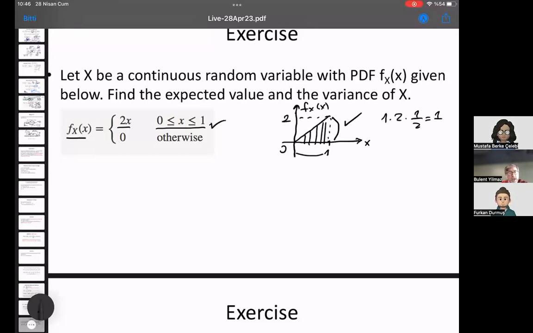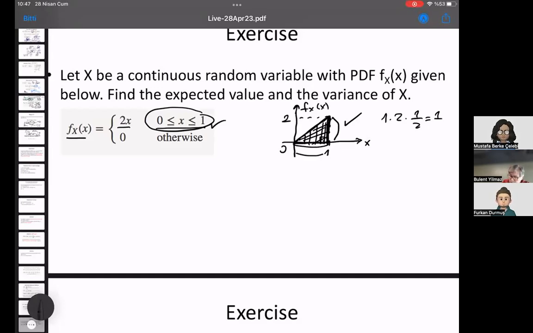How did I check this, guys? I wanted to find out the area under this curve. This is my PDF, and the area under this curve is 1, because it is between 0 and 1. It is a perpendicular triangle, so the area of the triangle is 1, right? So this is my PDF.